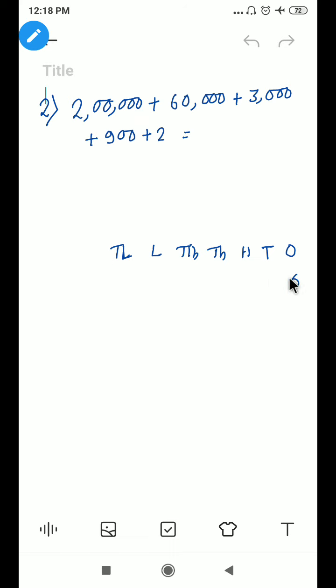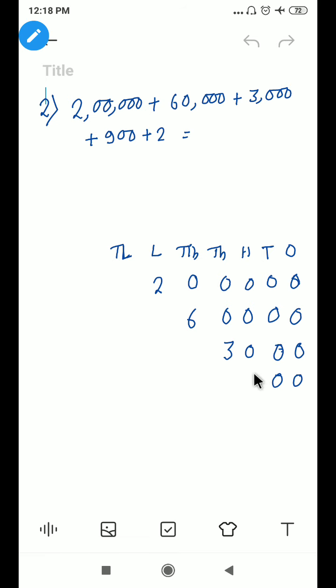There is 0 0, then 0 0, then 5 0, then 2, then 0 0 0 0, then 6. After that 0 0 0, then 3, then 900, then 2.